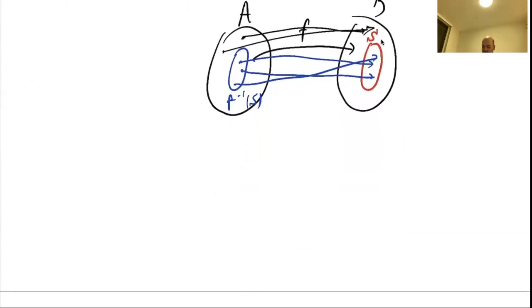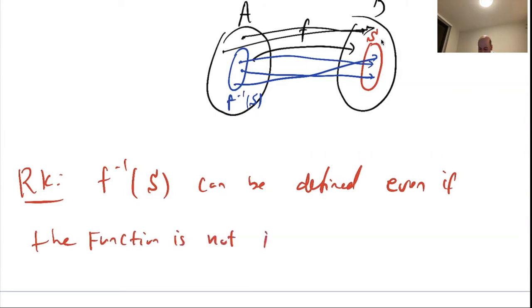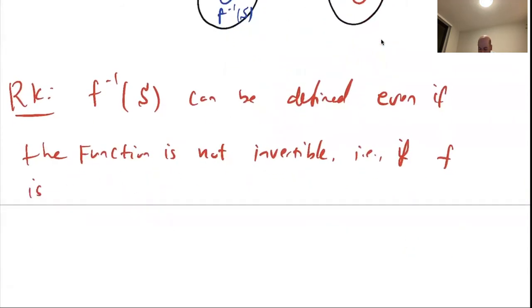So let me mention here, as an important remark, that f inverse of S can be defined even if the function is not invertible, i.e. if f is not one-to-one.